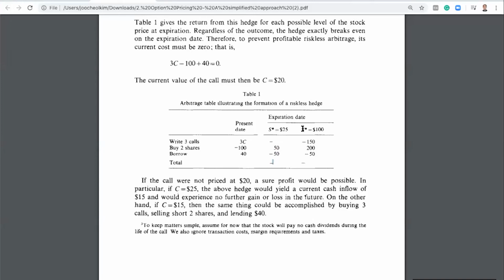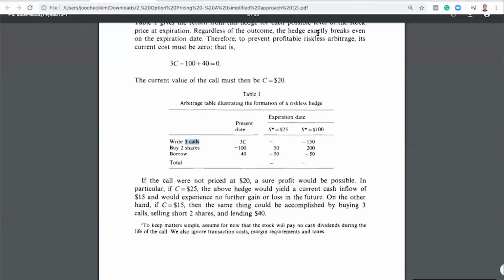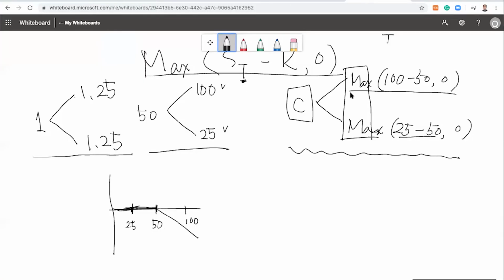Now let's think about the up state. The underlying asset goes up to $100, and I have to reset all my positions. For the first one, I sell 3 calls. And since I sold call options, but this time the underlying asset is $100, for every call option I have to give $50 to the long position of the call option.